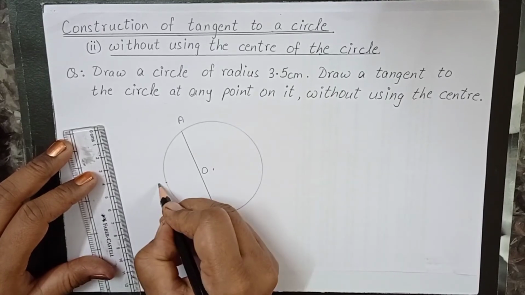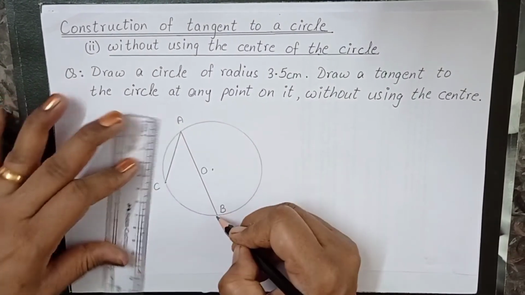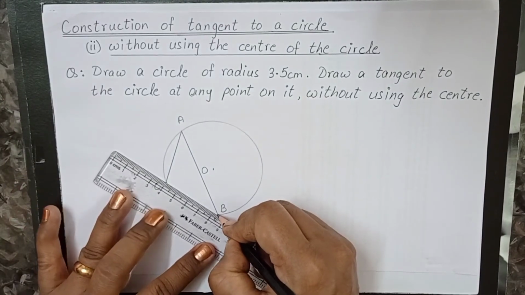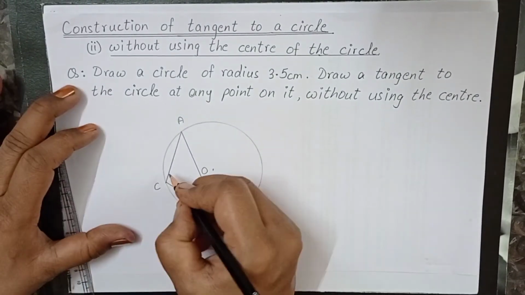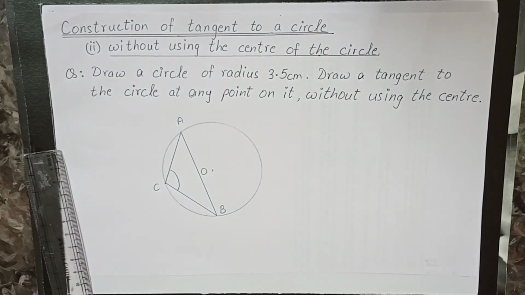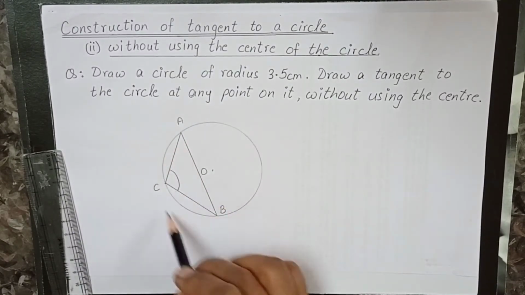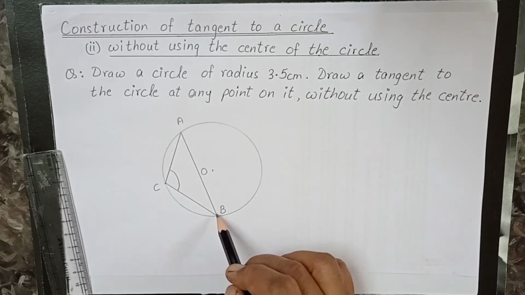Say suppose this is C. So let us join A, C, B. Right. So this is the angle which is formed in the arc which is opposite to this arc. Correct? ACB is the arc which is opposite to this arc.